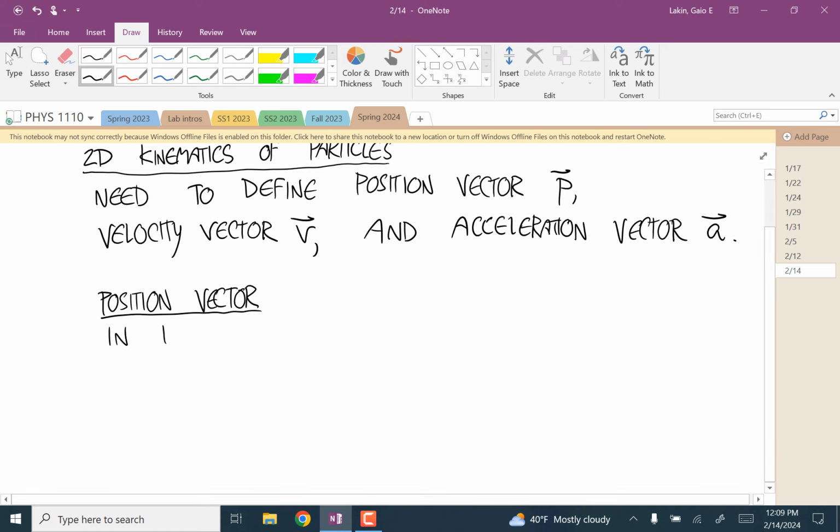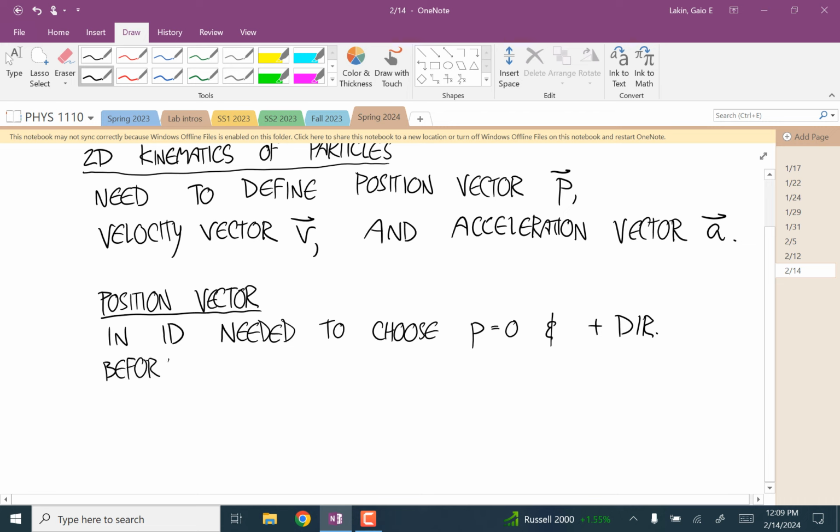So in 1D, we needed to choose the zero position and the positive direction before we could put a position to a location.